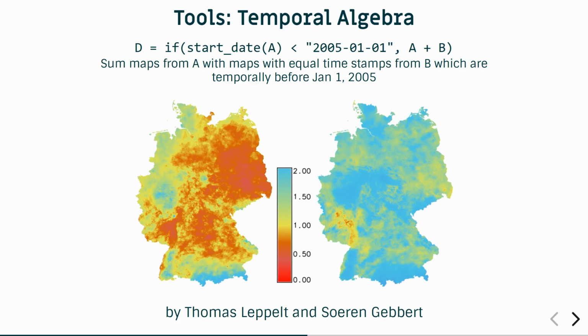So it handles all that, figures out what are the things which are actually happening at the same time, and sums these up and leaves the other alone, and the things which matched are actually your result. So this is a very powerful tool for things like agriculture, but also for analyzing movement of people on a large scale.